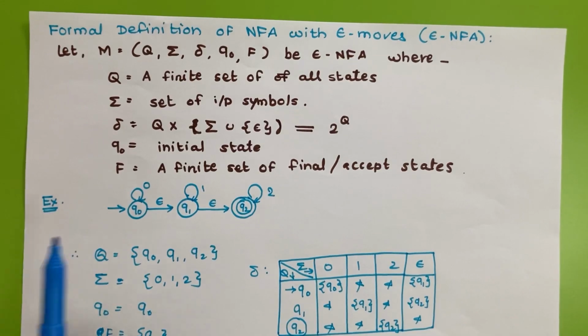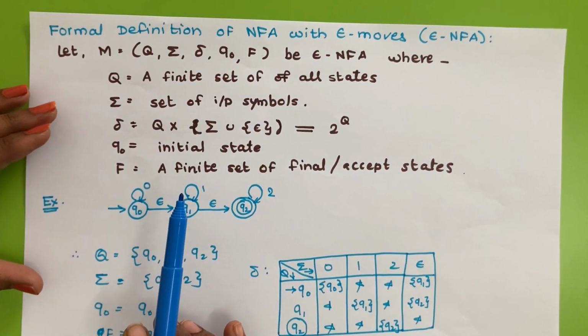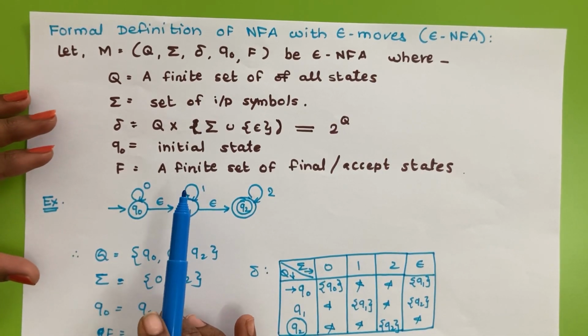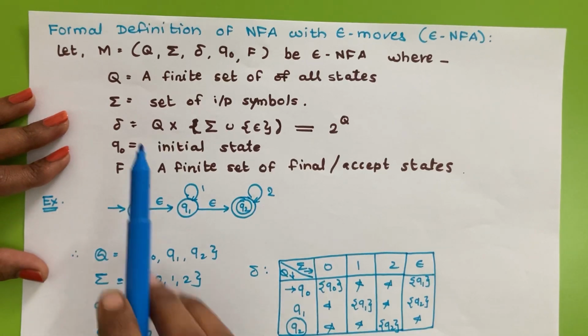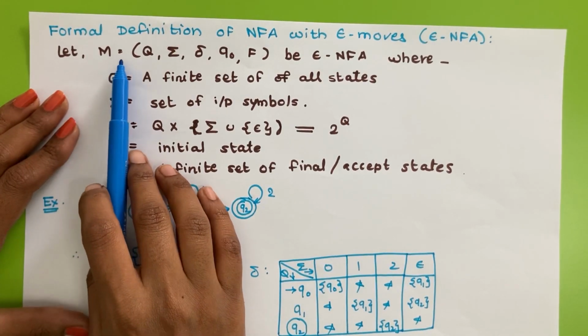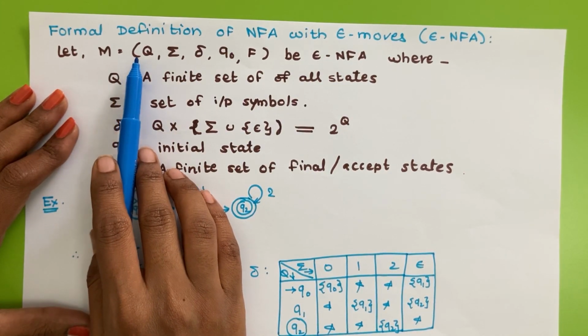Now we'll see the formal definition of NFA with empty moves. It is similar to our normal NFA, excluding one point, that is the transition function. Let M be the machine of an empty NFA, and this will be defined with the help of again 5 tuples.